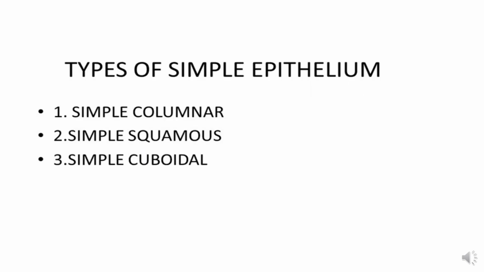The simple epithelium is the epithelium having a single row of cells. Now this is divided into three types: simple columnar, simple squamous and simple cuboidal on the basis of shape of the cells. So simple columnar is a single layer of column-like cells.